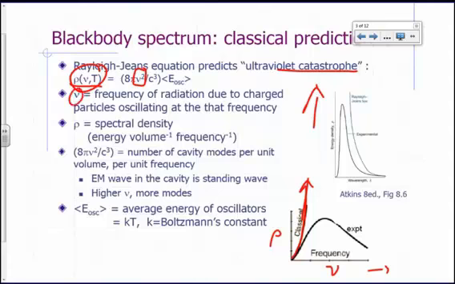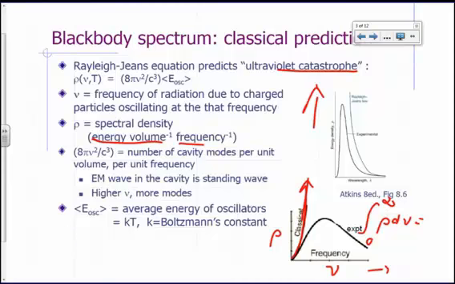Nu here is the frequency of the radiation. What you're plotting here, the spectral density, is the energy per unit volume per unit frequency. So if you were to integrate rho versus frequency from zero frequency to infinity, that area right there, what would that be?